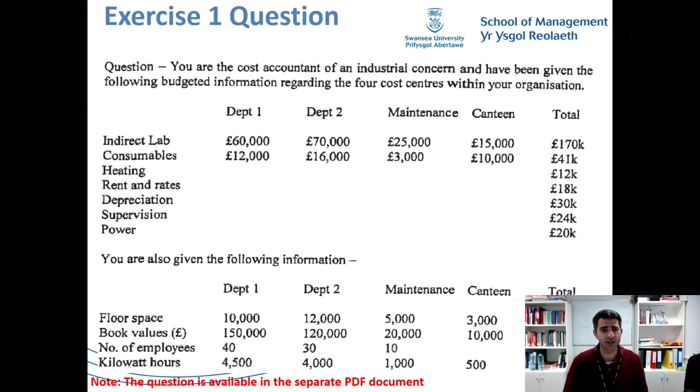Now let's come to the third one, which is the heating. The total is £12,000, as you see. Our job is to allocate the overhead, which is £12,000, across the 4 departments.